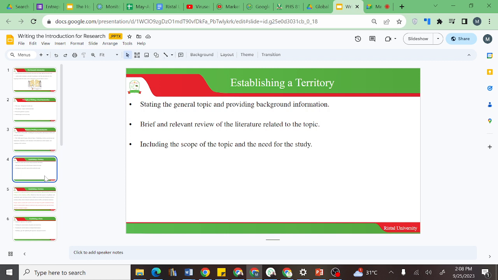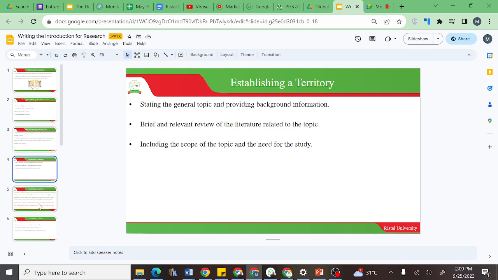After that, you now move to the niche that we shall look at later. So under establishing the territory, you are talking in general terms, but in relation to the area of research. So it is basically a brief and relevant literature around the topic.